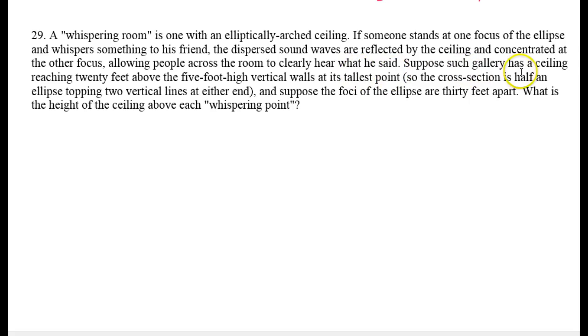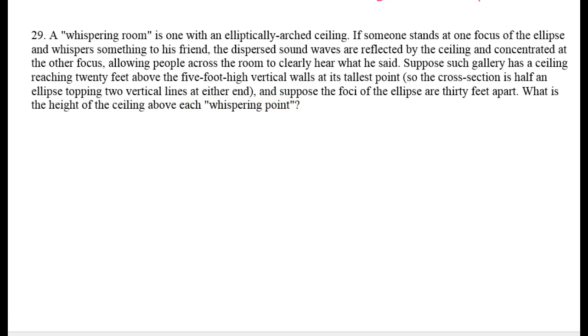Suppose such a gallery has a ceiling reaching 20 feet above the 5-foot high vertical walls at its tallest point. So the cross section is half an ellipse topping 2 vertical lines at either end. And suppose the foci of the ellipse are 30 feet apart. What is the height of the ceiling above each whispering point?